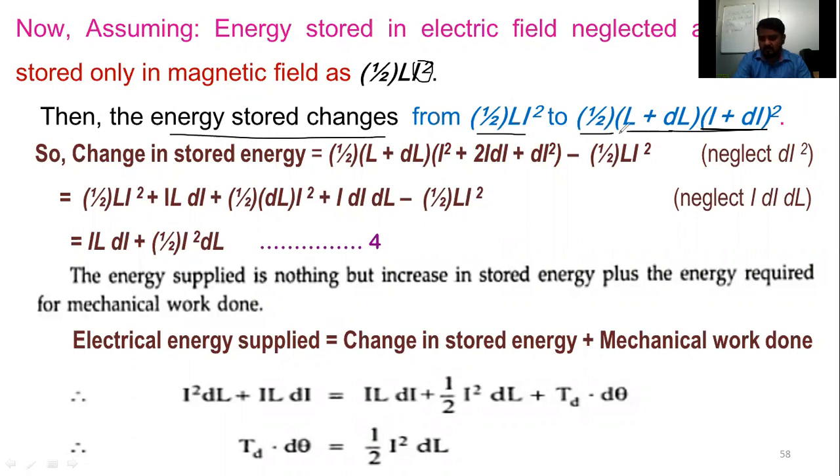Is it clear? The stored energy is changing from the initial one to this complete equation. Next, we are going to consider only the change in the stored energy here now. How much the energy stored in the instrument has changed. So I will not consider the total.